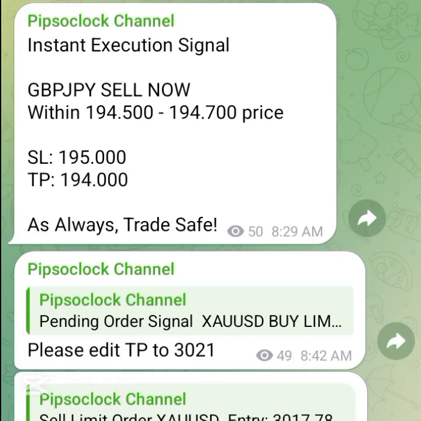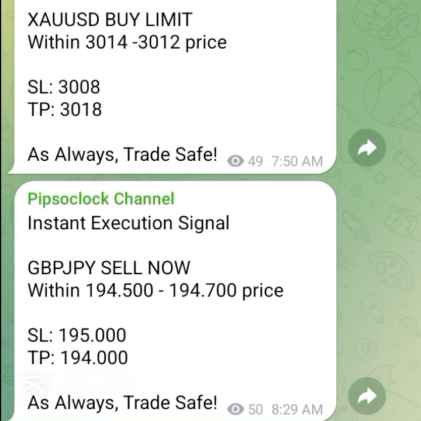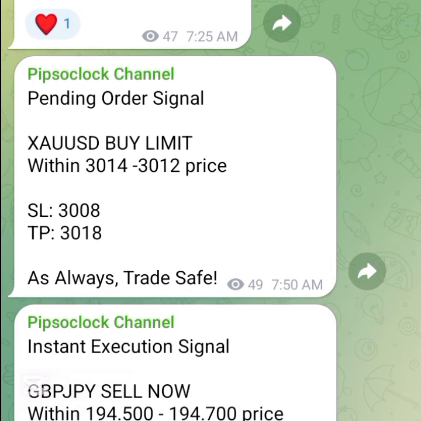Let's look at this. This is GBP JPY instant execution signal. Sell now within 194.500 to 194.700 price. SL is there, TP is there. Now this one: buy limit within 3014 to 3012 price, SL 3008, TP 3018.